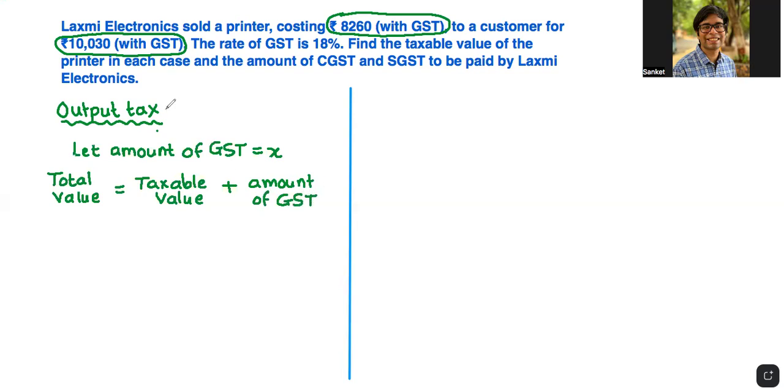Output tax is at the time of sale, and I know that total value at the time of sale is 10,030.